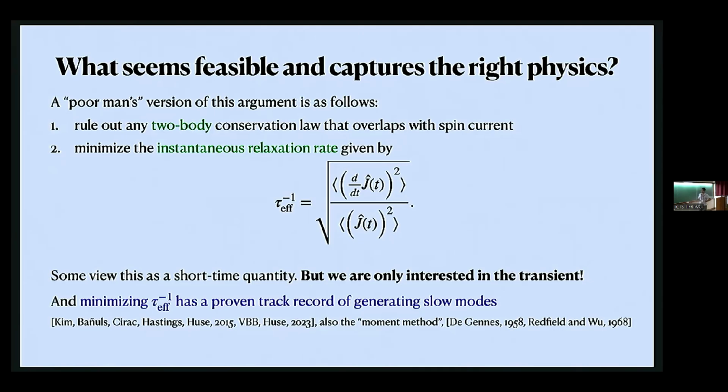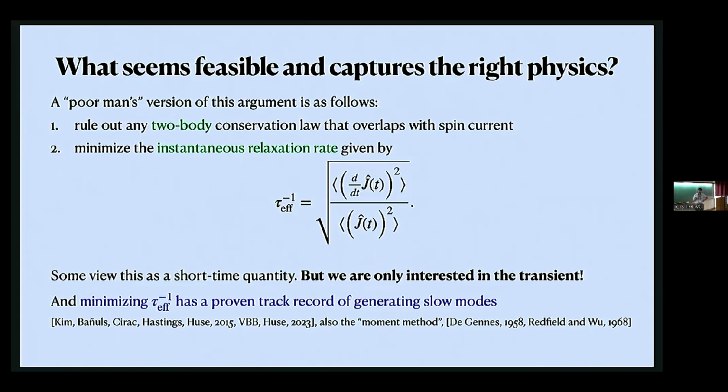Instead, I pursued a poor man's version of this argument. Instead of ruling out arbitrary quasi-local conservation laws, let's first just try to rule out two-body conservation laws, just to see how hard this is and whether ruling out a Mazur bound would be feasible at all. Secondly, instead of focusing on the Kubo formula, we focused on this instantaneous relaxation rate.